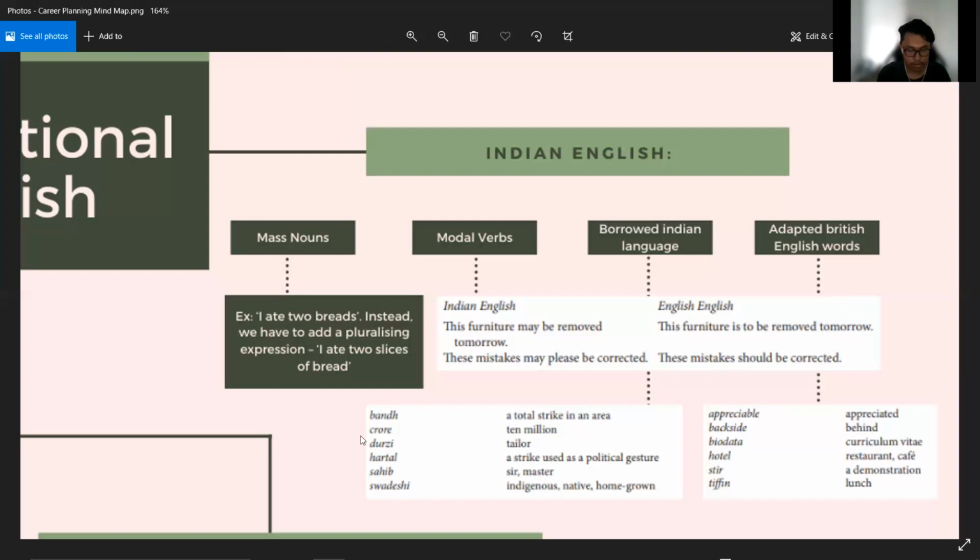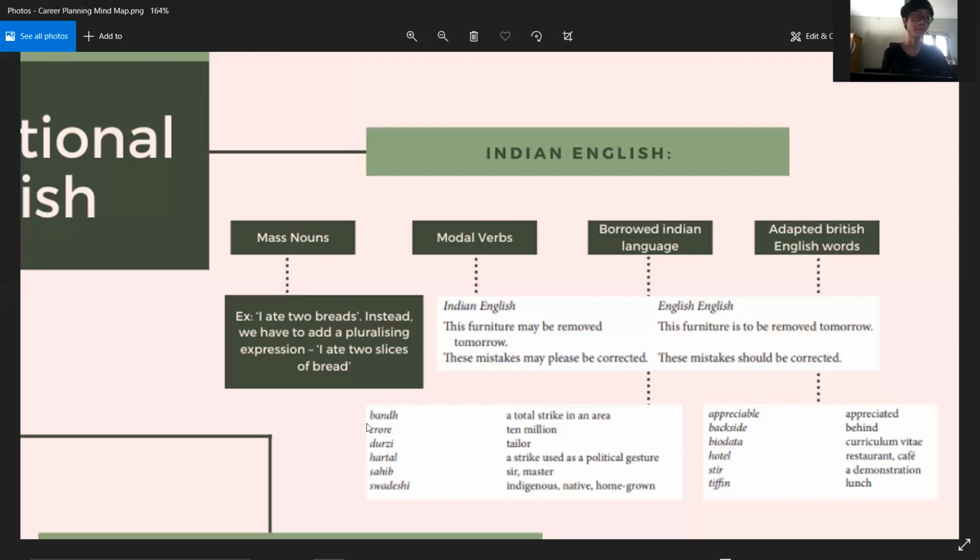Moving on, another characteristic difference between Indian English and British English concerns the meaning of some modal verbs. The meaning the modals convey in Indian English is often different from British English. As we can see here from the example, in Indian English they say this furniture may be removed tomorrow, while in British English, this furniture is to be removed tomorrow.